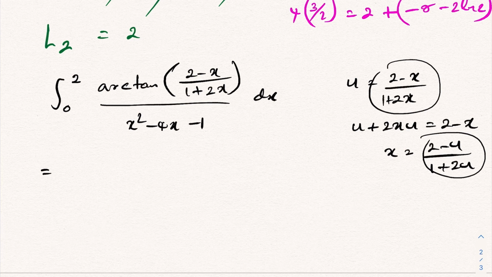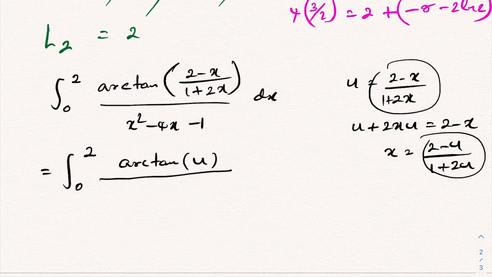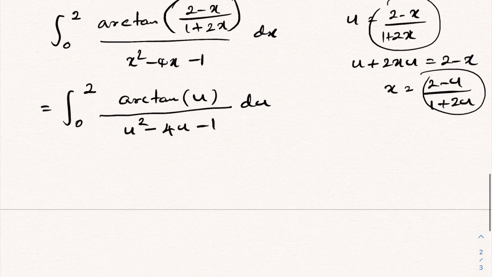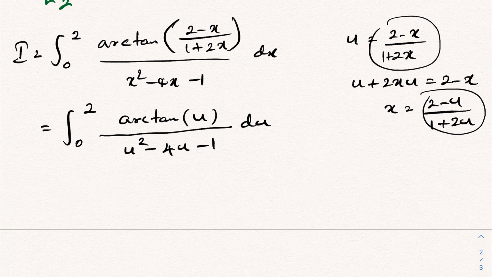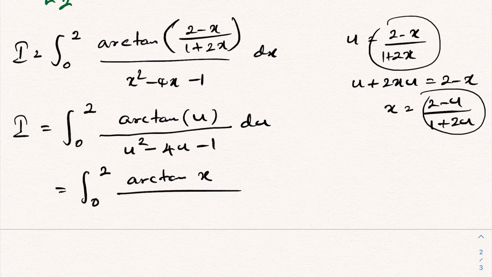So we can write here the integral from 0 to 2, arctan of u over u squared minus 4 times u minus 1, du. Okay, we can take our integral is equal to I. Now this is also equal to I, and we can change the variable: 0 to 2 arctan of x over x squared minus 4 times x minus 1 dx.